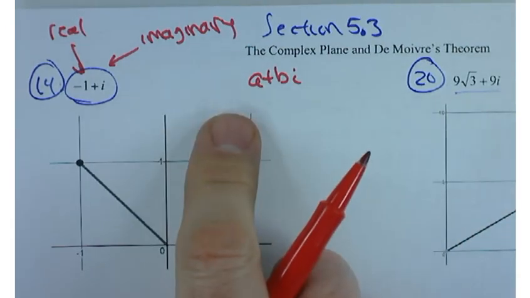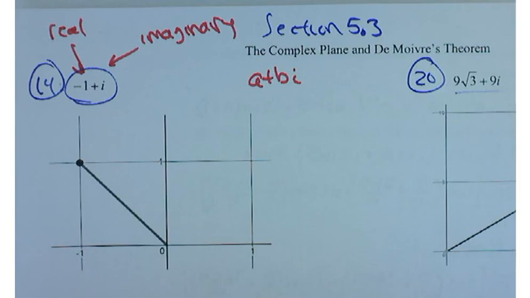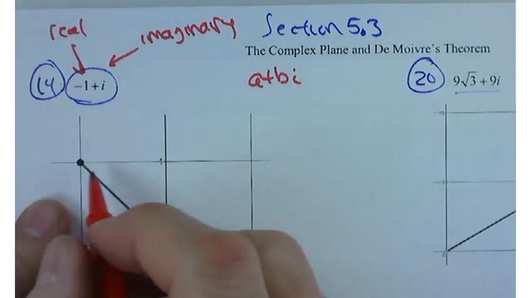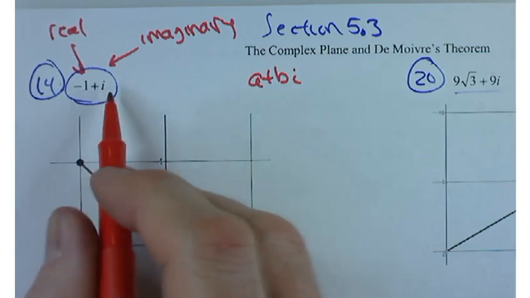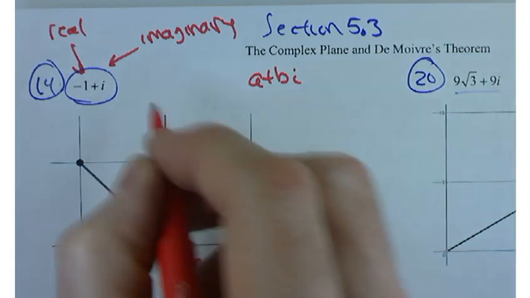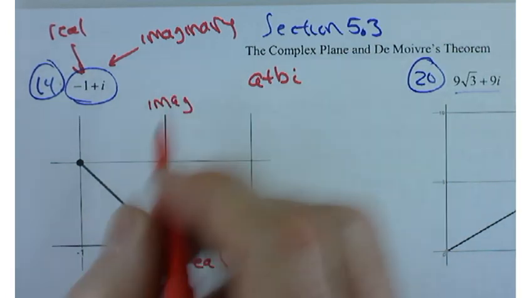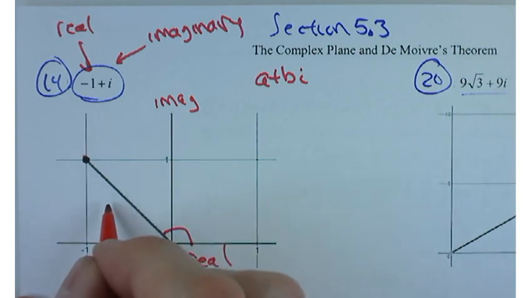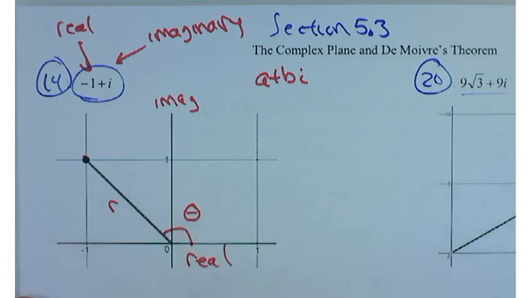But with complex numbers, just like regular numbers and points on the plane, we can regard them in polar form. So instead of specifying, for instance, -1 plus i, with -1 along the real axis and the imaginary axis here, -1 plus 1i, that's that point there, we can also specify r and theta.